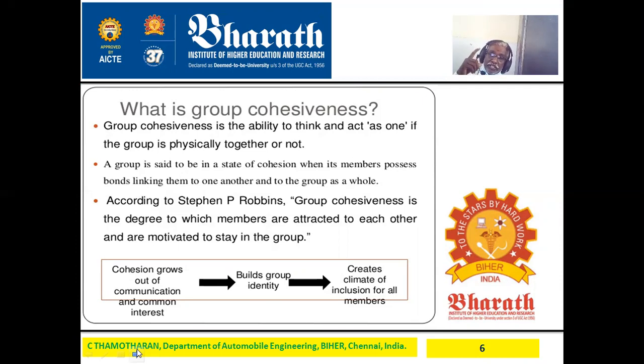According to Stephen P. Robbins, group cohesiveness is the degree to which members are attracted to each other and are motivated to stay in the group. And also, one member is going to be attracted to each other.